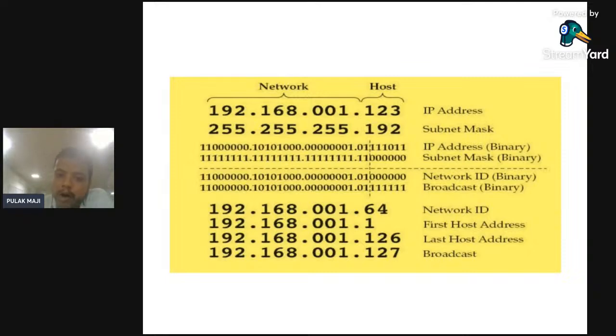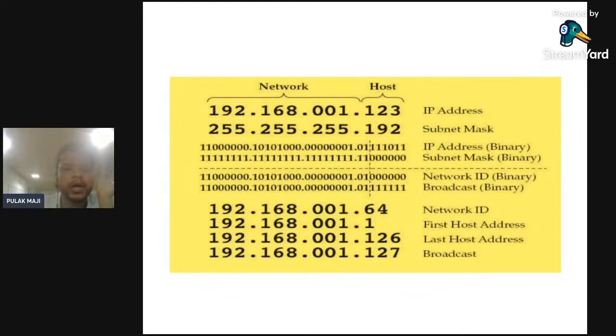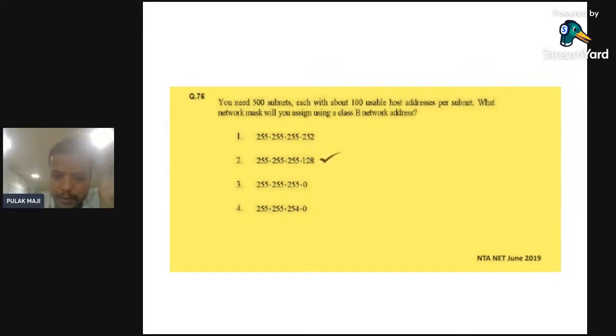Now how can we divide this network? Subnetting means dividing the larger network into smaller parts. So I'm taking one example: we need to divide this network into smaller parts. I'm showing you the process, and hopefully you can easily understand the rest.